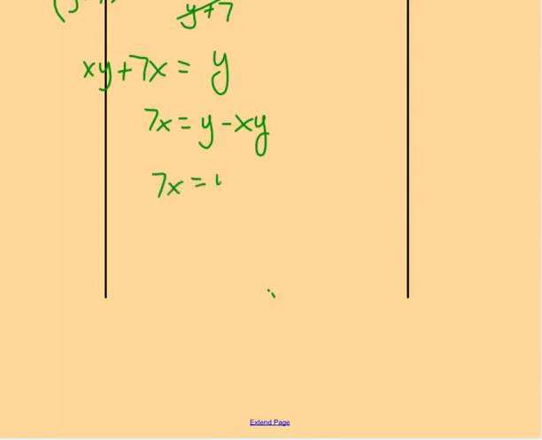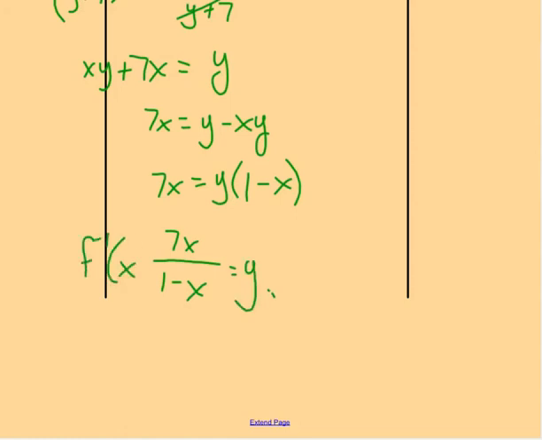We're going to factor y out of our expression. Y divided by y is 1. The negative xy divided by y is negative x. And then to get y alone, we'll divide everything by that 1 minus x. Or again, using the function inverse notation, f inverse of x equals 7 over 1 minus x.